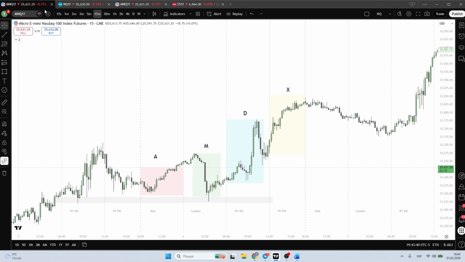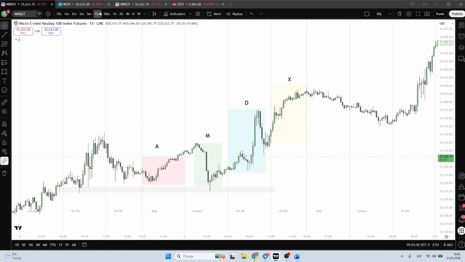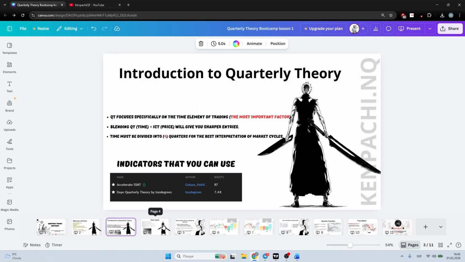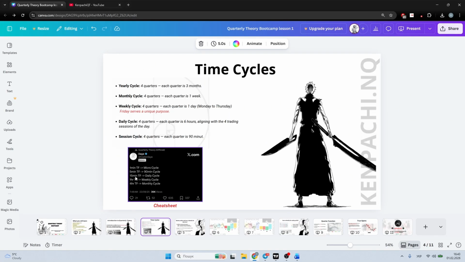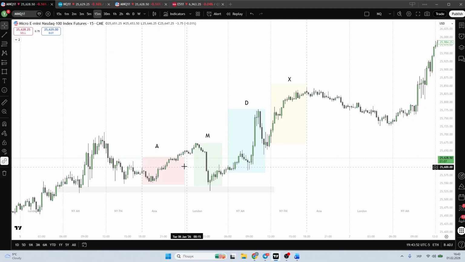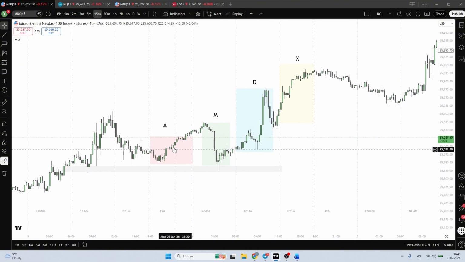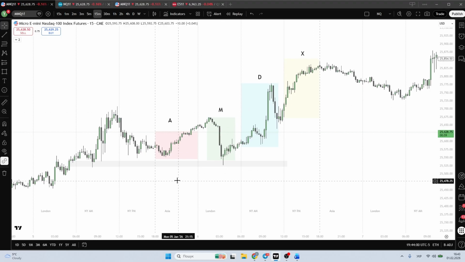For example, as we can see here, there is a 15 minutes time frame. Let's go back to time cycles, 15 minutes time frame, daily cycle, right? So daily cycle, 4 quarters, 6 hours, every single quarter, 4 sessions, right?